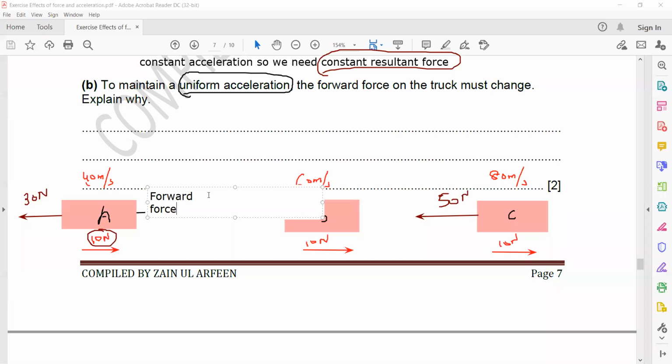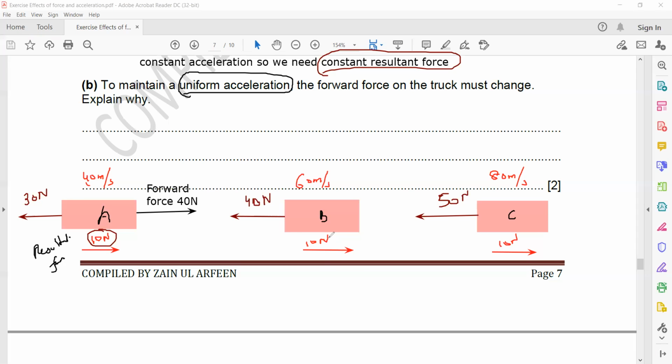So if the backward force is 30, the forward force should be 40 Newtons. Because 40 minus 30 is equal to 10 Newton towards the right hand side. So here the resultant force will be 10 Newton towards the right hand side.